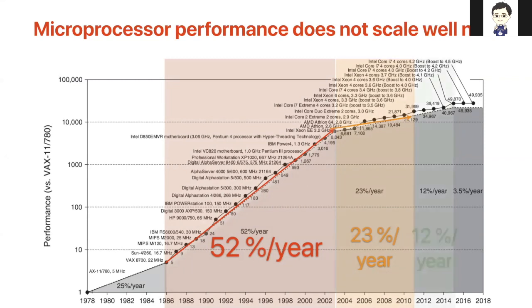However, right now it's getting slower and slower. That's why every time you buy a new computer, you feel the performance gain is incremental. But in the meantime, because we have a lot of demand in computation, we have to accommodate this demand.